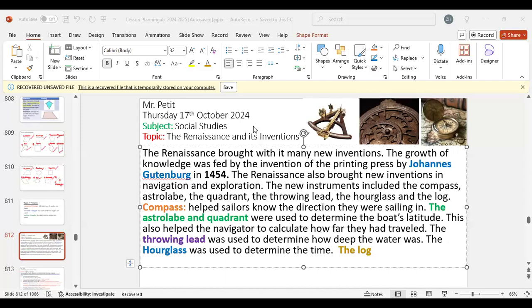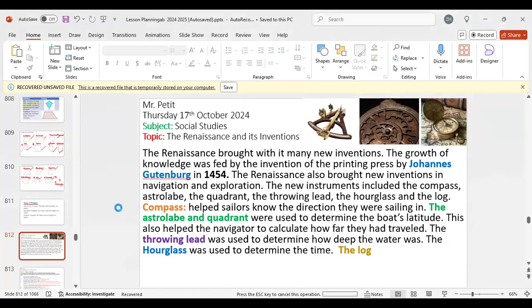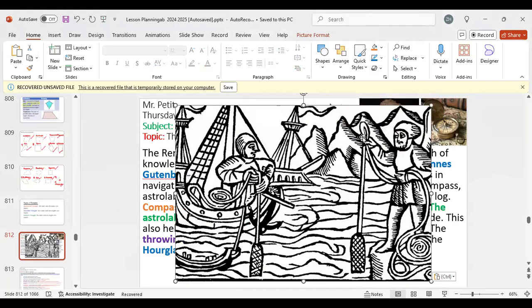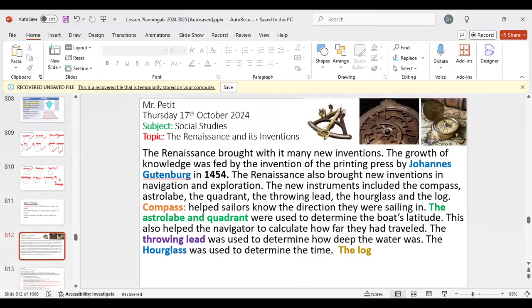So this is an example of them using a throwing lead. As you can see, it's long and has this heavy thing at the bottom that helps with the weight.